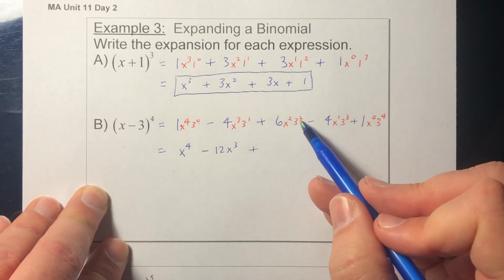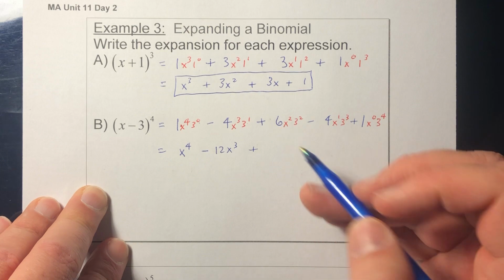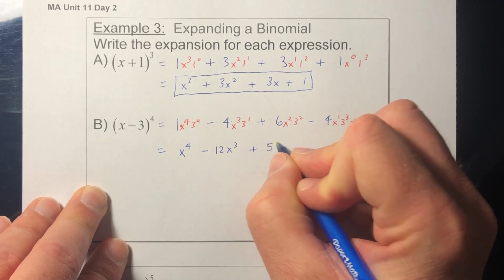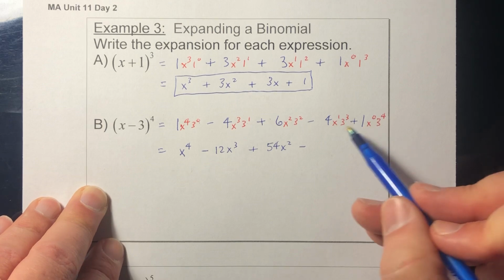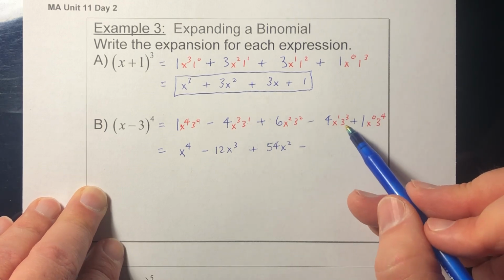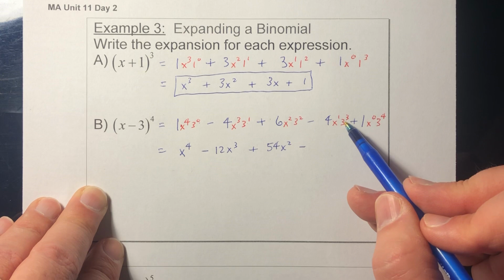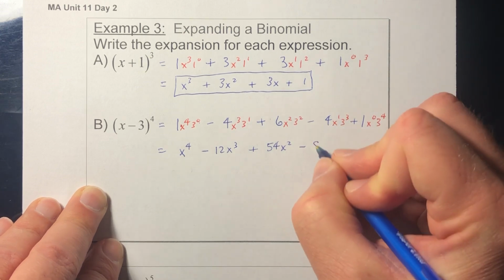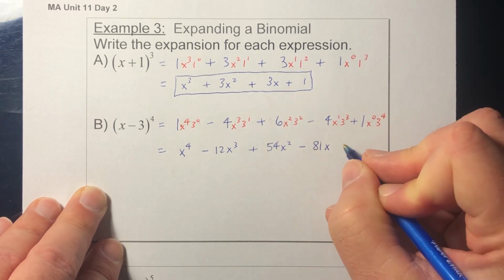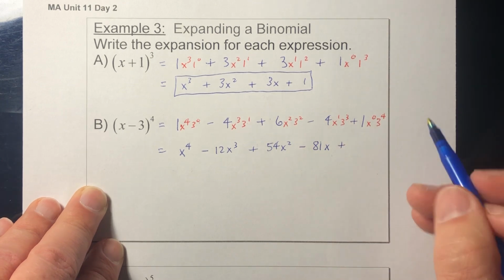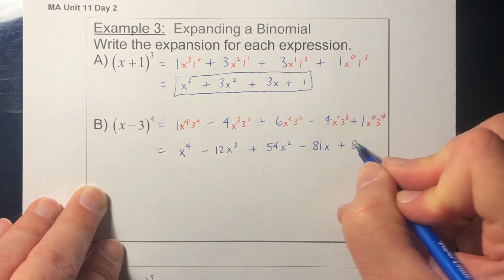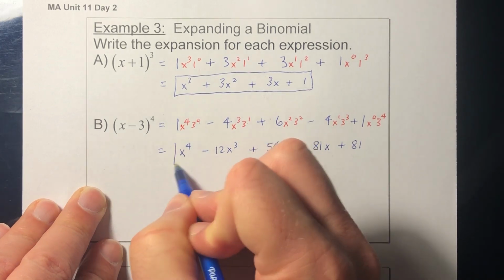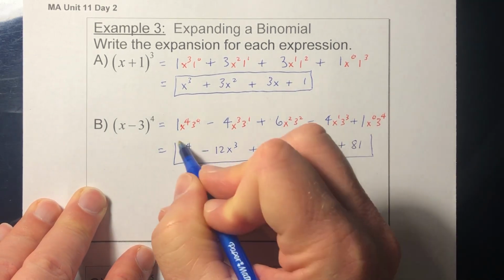Now this one we do 3 squared, which is 9, times 6 is 54, times x squared. Okay, now this one, 3 to the 3rd power is 27, times 4 is 108, times x. X to 0 is 1, 3 to the 4th is 81, times 1 is 81. So there's your expansion on that one.